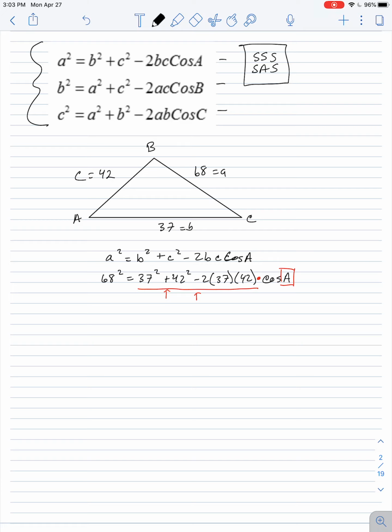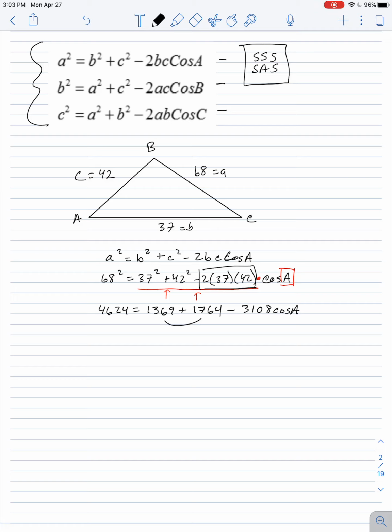So I'm squaring everything. So 68 squared, 37 squared, 42 squared, and then I'm going to multiply these three numbers together. 2 times 37 times 42 is 3108 cosine of A. The next thing I'm going to do is combine these two because they combine in addition.